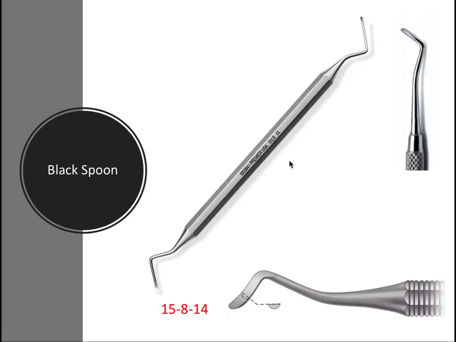There's also the black spoon, which is a larger, more robust version of the spoon excavator I just showed you. And this one has some other uses. It can also be used to burnish metal, like a matrix band or the margin of a gold crown, with the rounded end or the back side of the spoon.